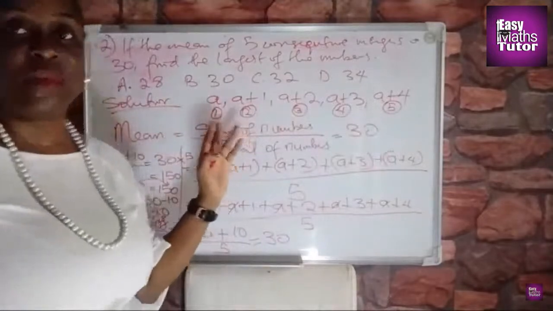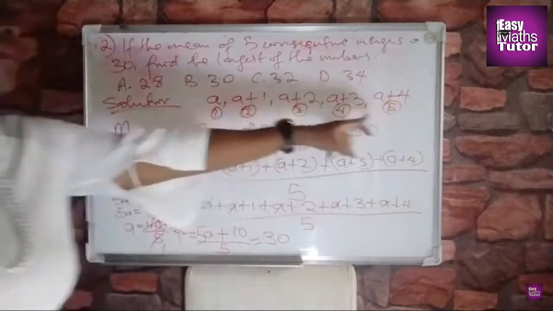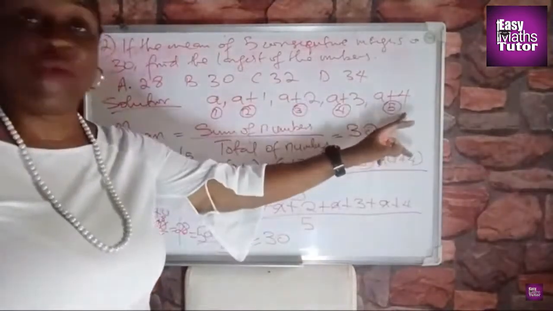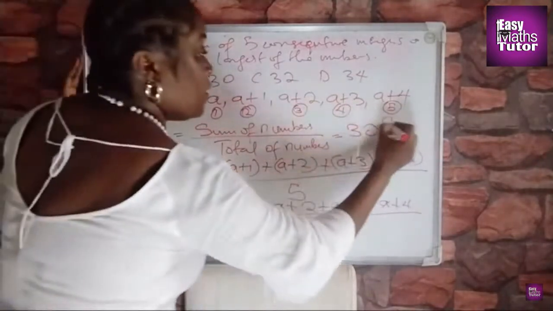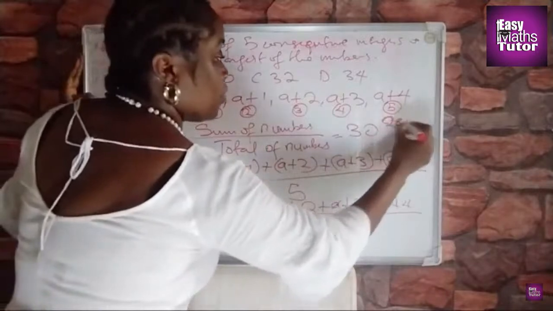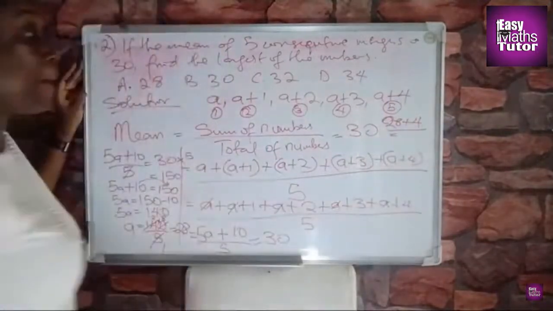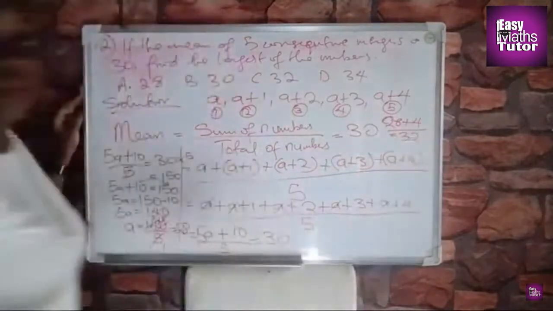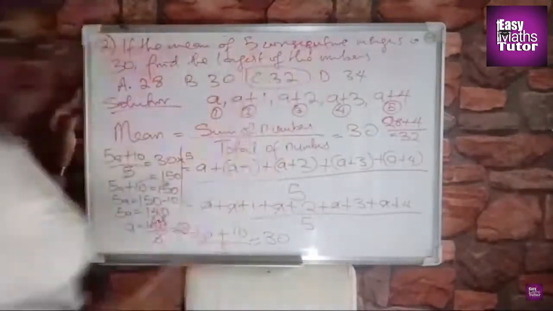The highest integer will be A plus 4, the fifth consecutive integer. And our A is 28, so that will be 28 plus 4, which gives us 32. Therefore, our correct answer is 32.